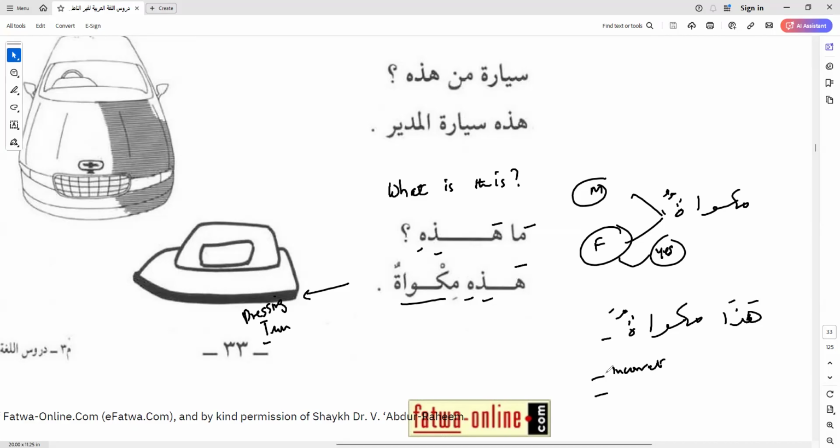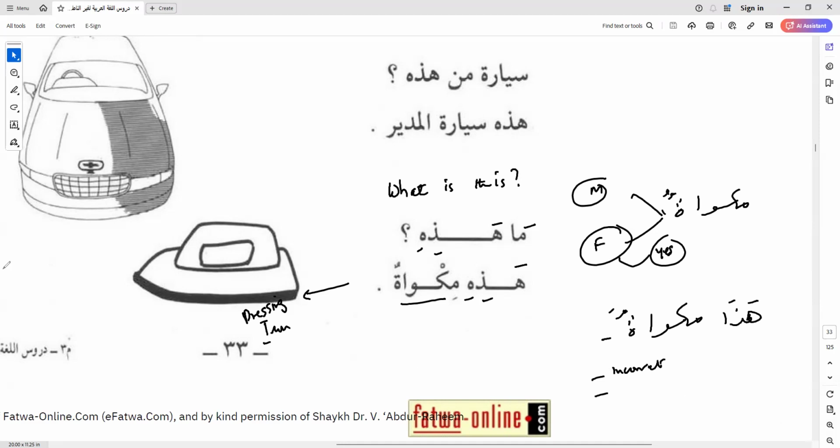Your listener understands that this is an iron. Grammatically, you are incorrect. And languages have their grammar rules, so we have to obey them. So we have to say هذه مكواة.